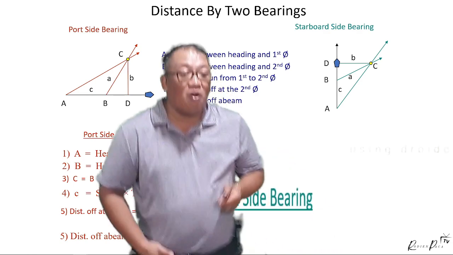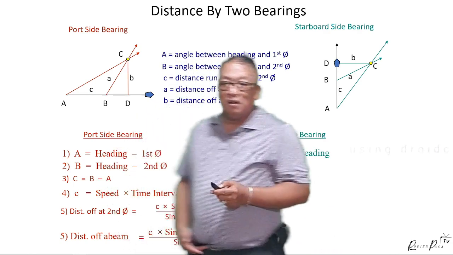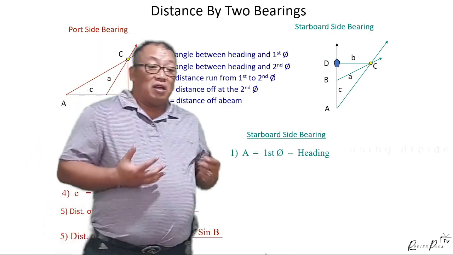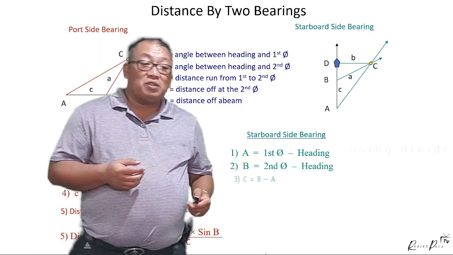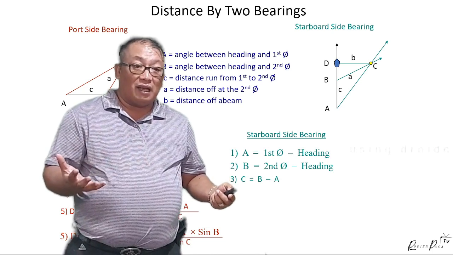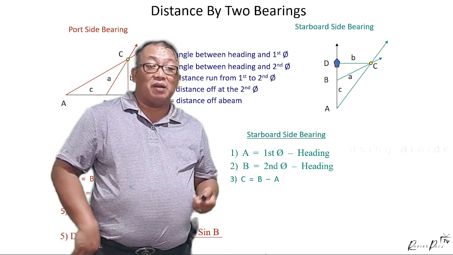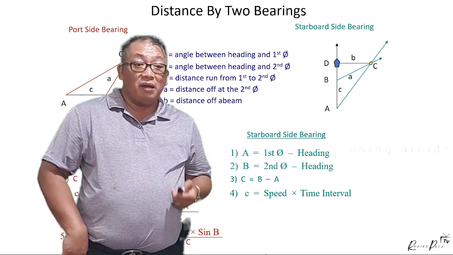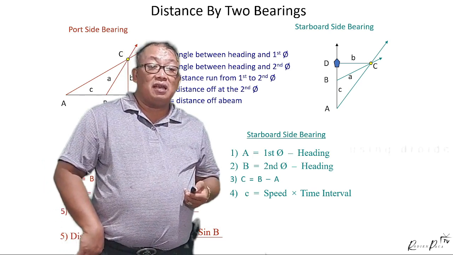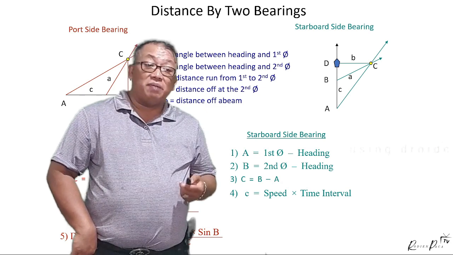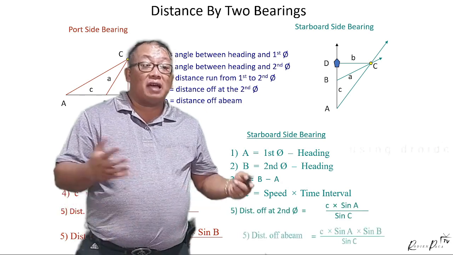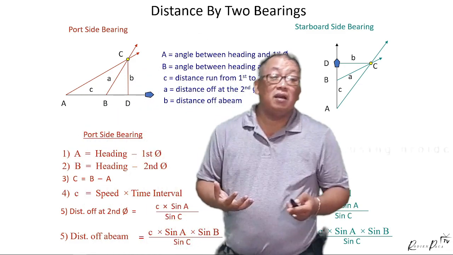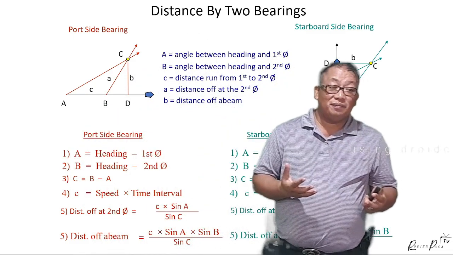Okay, so let me go on with the starboard side bearing. It starts with, again, angle A is the first bearing minus heading. B is the second bearing minus heading. Then C equals B minus A. And all these kinds of formulas that our school has been teaching us.